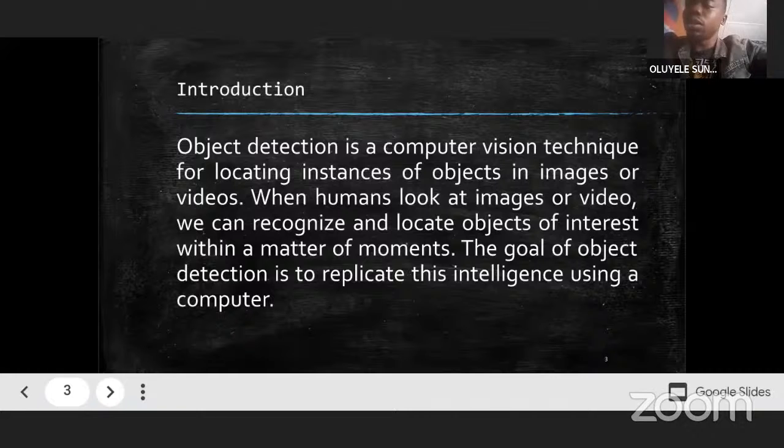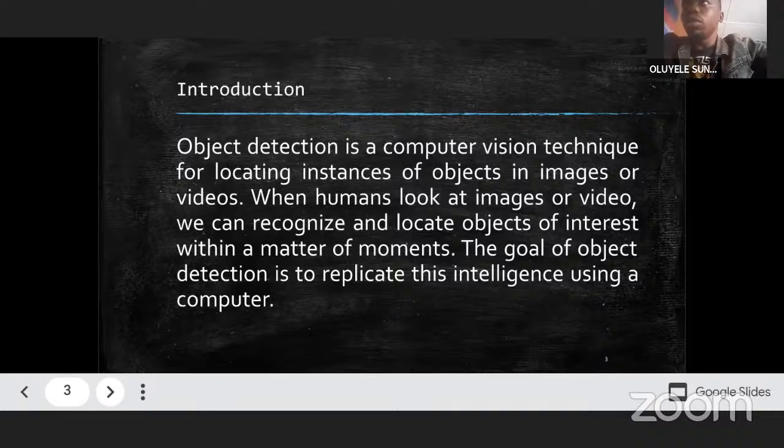Object detection is an aspect of artificial intelligence where computer vision is of optimal use. It is one of the computer vision techniques for locating a particular object in streams of videos or in an image.